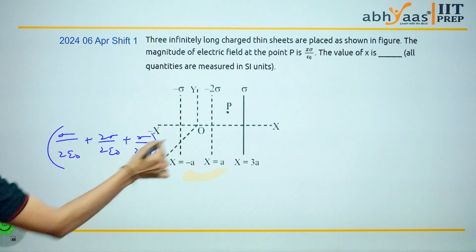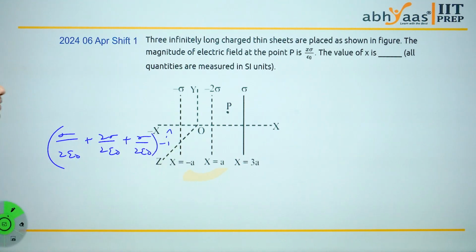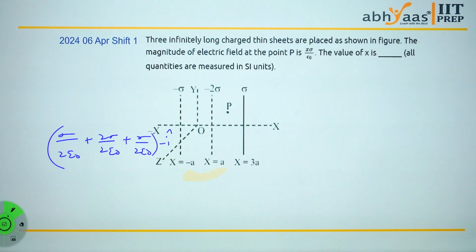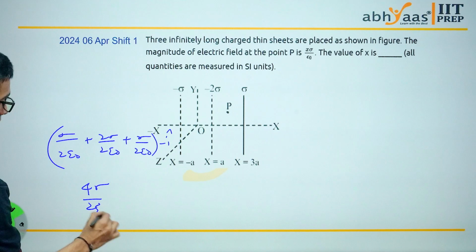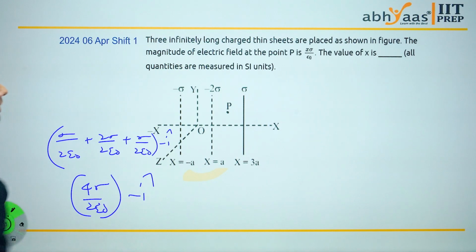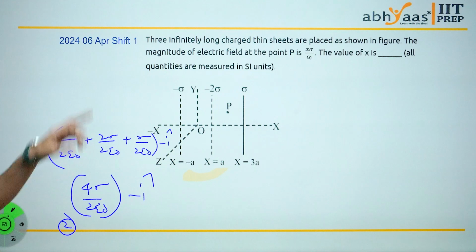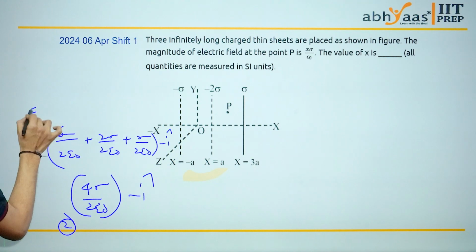All are in the direction of minus i cap. If you add all these, finally you will get 4 sigma by 2 epsilon naught in the minus i cap direction. So the value of X is 2. It is a simple question, but the field is in the minus i direction. That is what he is asking, the magnitude of the electric field, capital E.